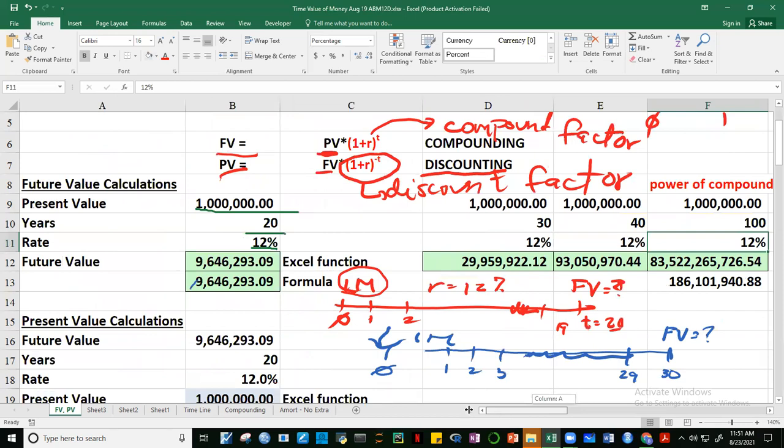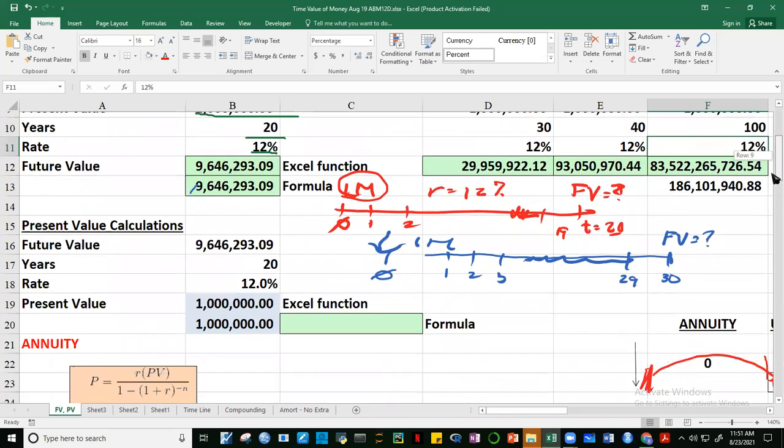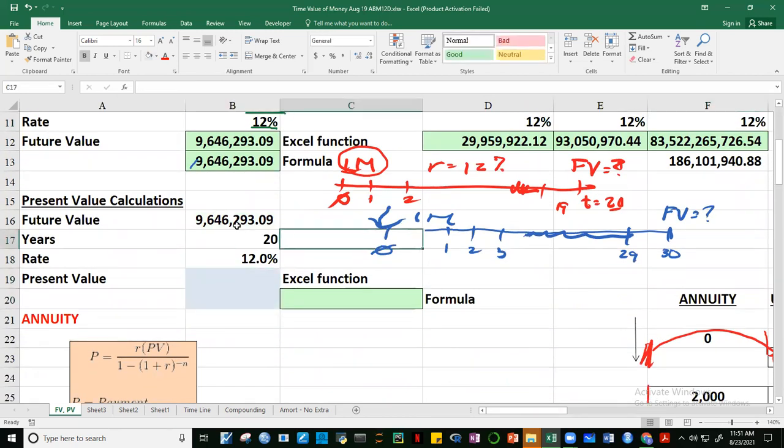Okay? All right. So the reverse, guys, is, okay, tanggalin ko lang to. Given the future value, pwede rin natin makuha si present value. So ang tanong, meron tayong 9.6 million in 20 years time with the interest rate of 12%. Magkano siya ngayon?